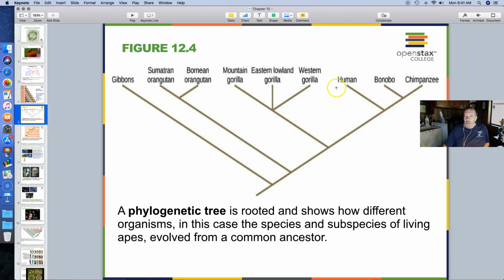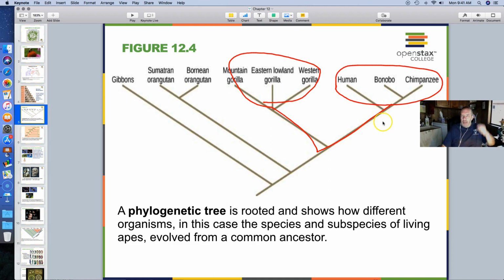And again, the way this tree is drawn, you can see that we're more related to these other species than we are to this other branch, which incorporates the 3 species of gorilla that we have on the planet. But again, because we branch off of the gorilla more closely or later in the evolutionary tree, we're more related to them than the gorilla are to the next branch, which are the orangutan, of which we have 2 species, the Bornean and the Sumatran.